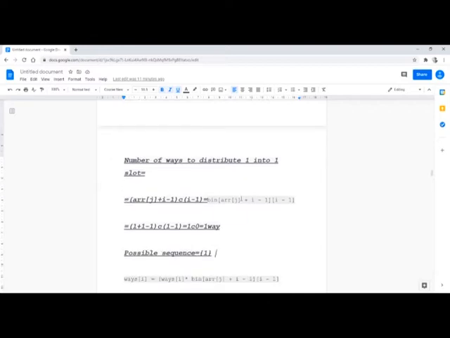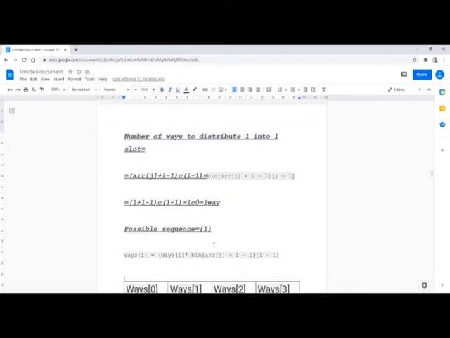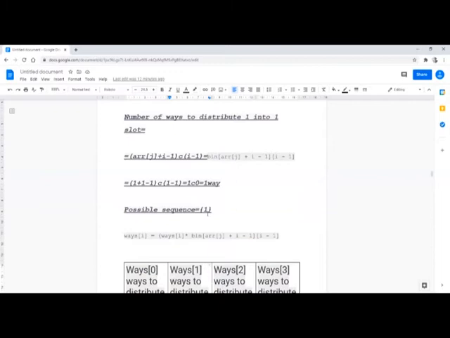We are distributing one item, so arr[j] is 1, plus i, here slot index is 1, minus 1 C i minus 1, where i is 1 here. So this gives you 1 C 0, which is 1. The possible sequence is 1 because there is only one slot to fill, and you have to fill one thing. So there's only one way to do it.